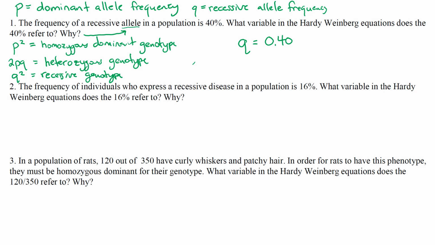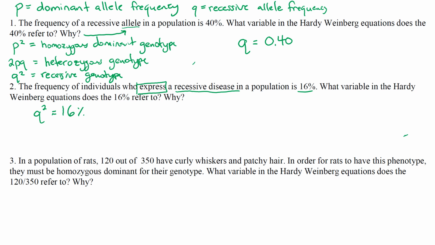Now, number 2, the frequency of individuals who express a recessive disease. So when you express a disease, y'all, you are carrying that recessive genotype. So 16%, which variable is this? This is going to be my q squared variable. This is 16%, okay?